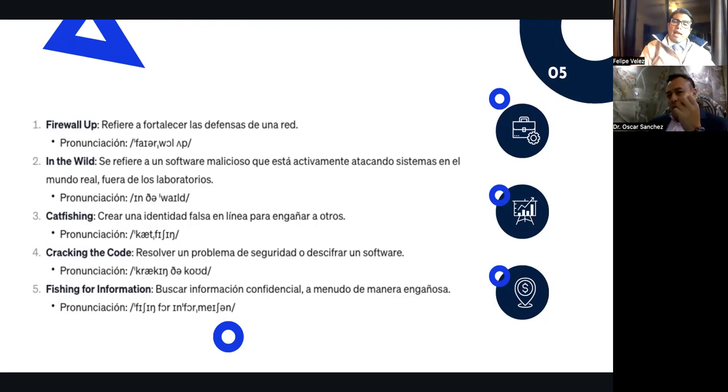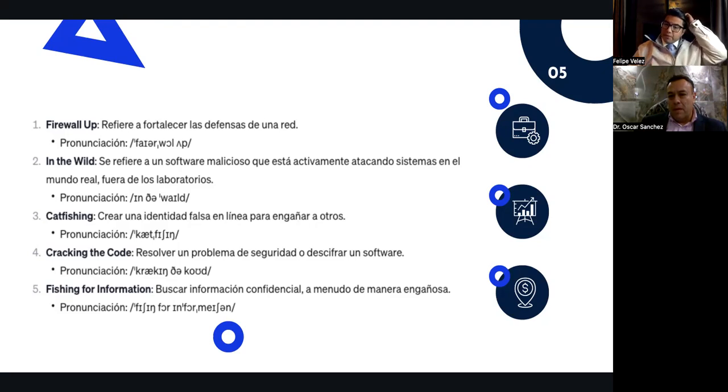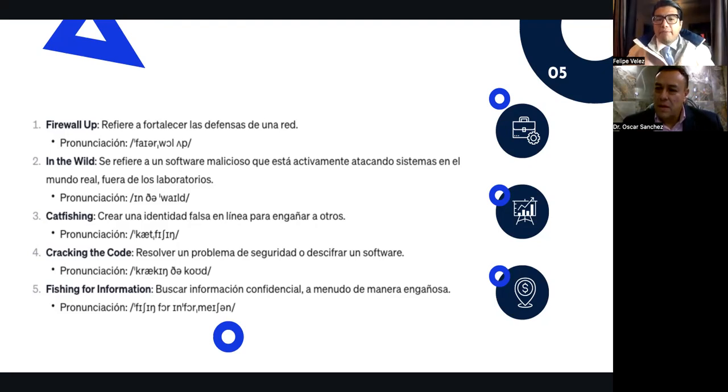Then do you remember the cyber attack at the economic secretary? How do you say economic secretary? Ministry of Economic Affairs. Again, pronunciation: Ministry of Economic Affairs.